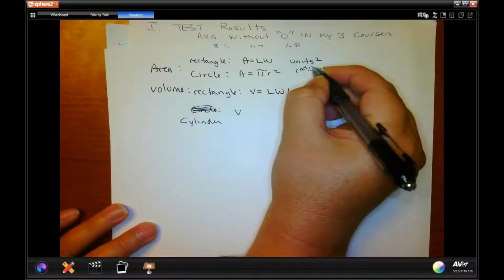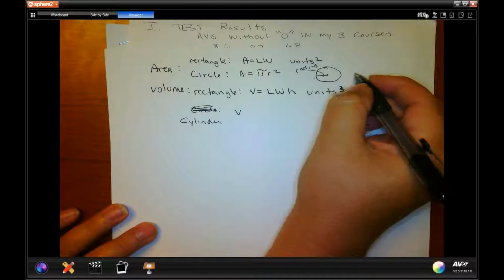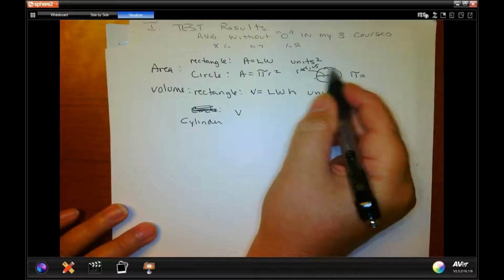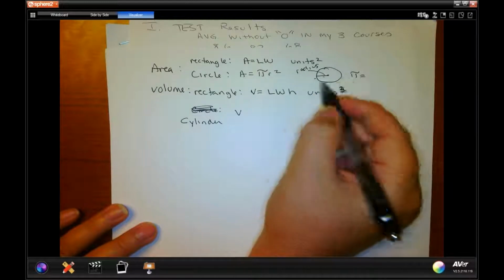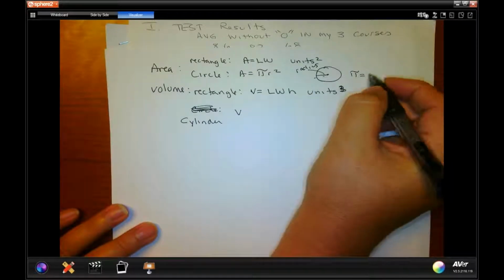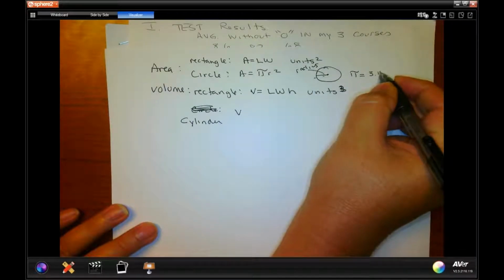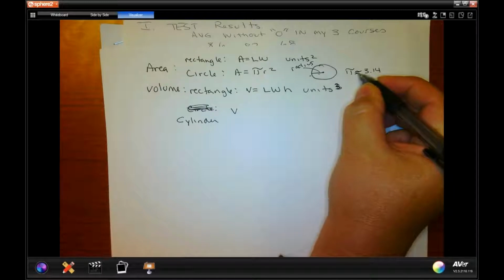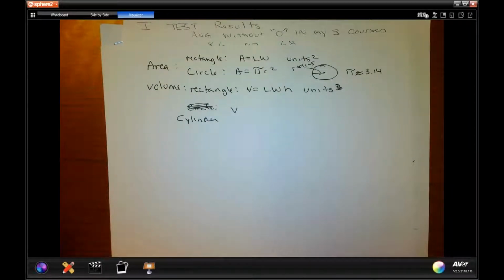Radius is from the center of the circle to the edge. And pi is just a symbol that represents the ratio of the circumference, the distance around, divided by the diameter, which turns out to be a non-repeating, non-terminating decimal, and we often round it to 3.14. Okay.